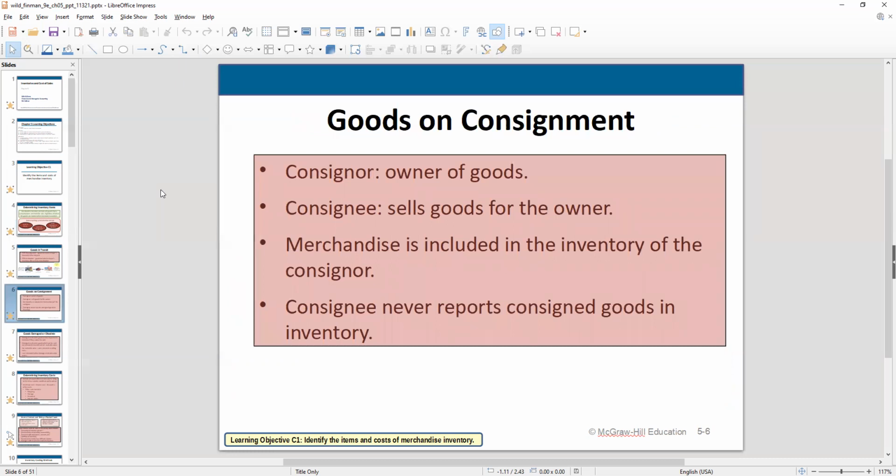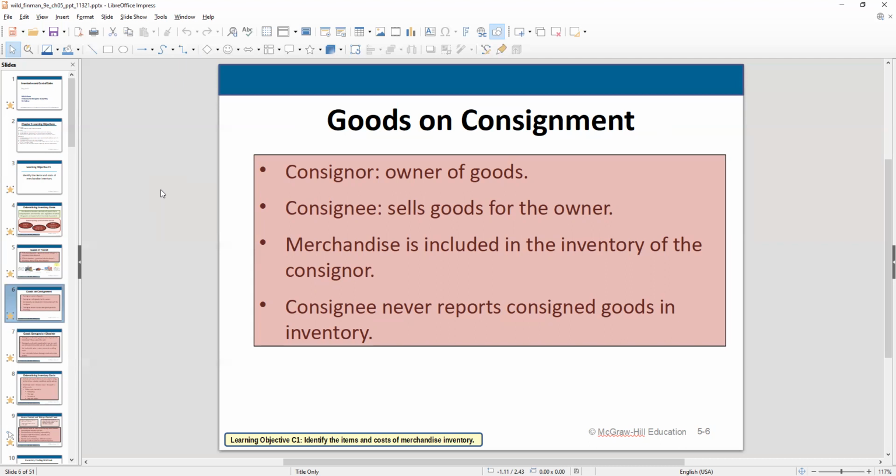A lot of people will put their goods into other people's stores for sale, but they won't sell it to the store. Instead of selling it to the store, they will leave it with the store for them to sell it, and then they'll come back periodically.